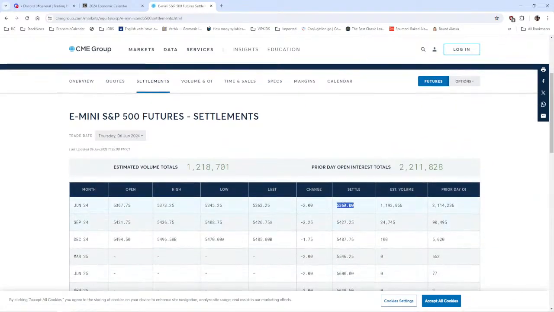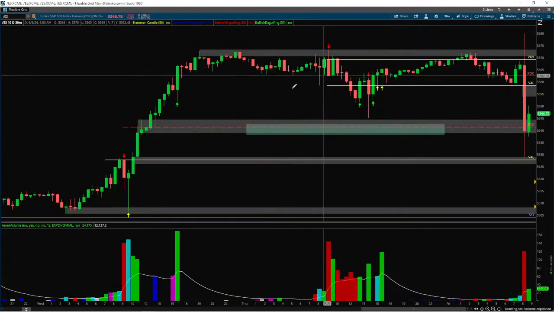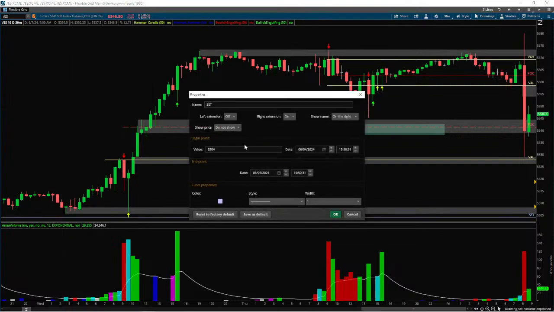So settlement price 5364 as of June 6. Okay. All right, so it came in late. Let's use this one here, and today is the 7th.